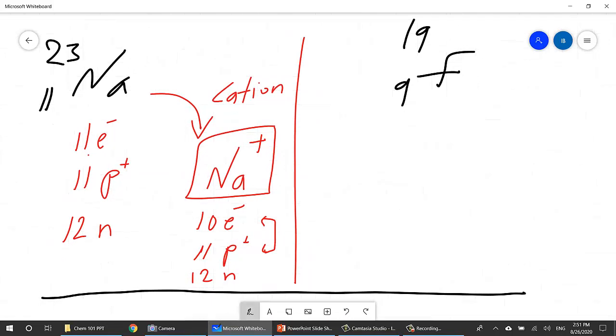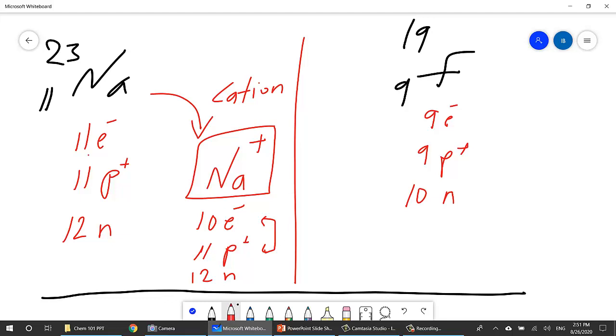That electron that has been lost from sodium can actually go to fluorine. Fluorine is a non-metal. It likes to gain electrons, okay? And fluorine has an atomic number of 9. That means it has 9 electrons, 9 protons, and 19 minus 9 is 10 neutrons.